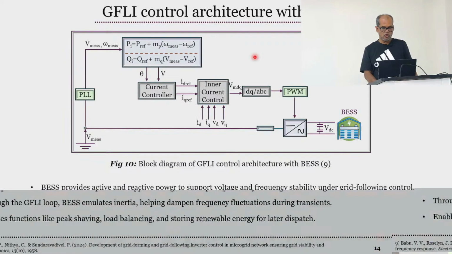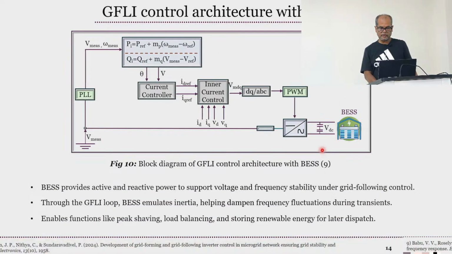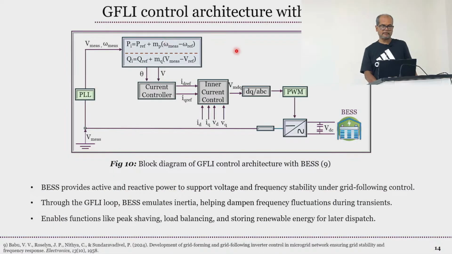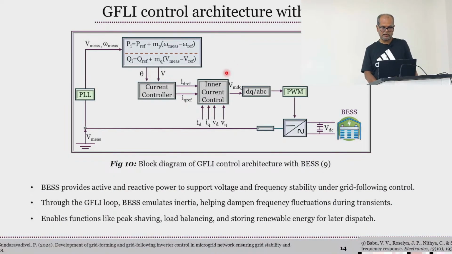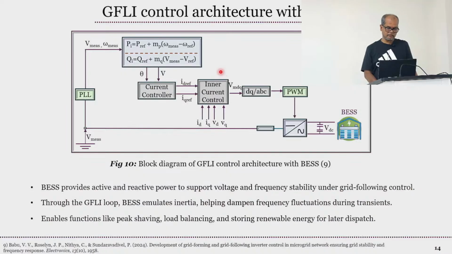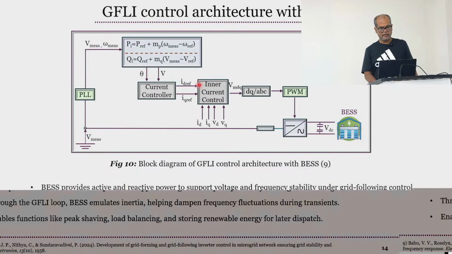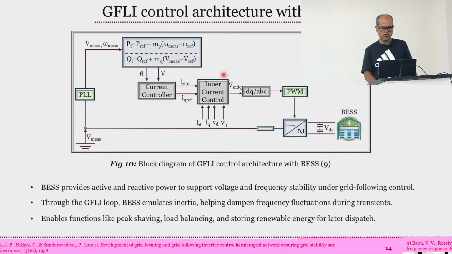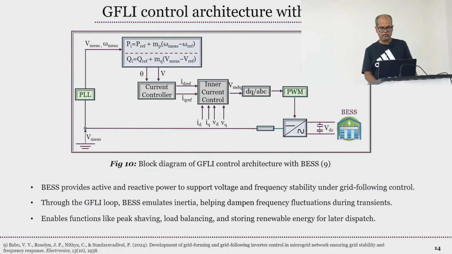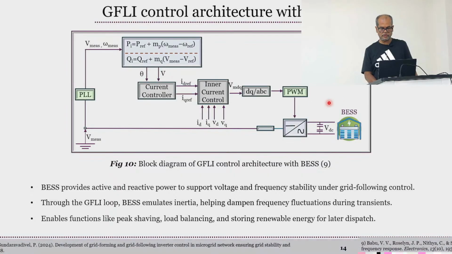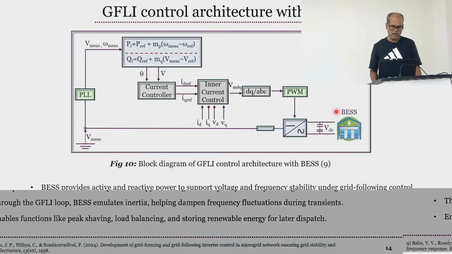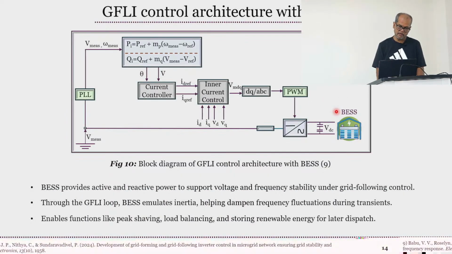But if you want to provide a control function to the grid, then you can have this, and then at the end you can have the inner control loop, sometimes double, sometimes only single, which is mainly controlled through your pulse width modulation, and then provide whatever service you need for the grid.